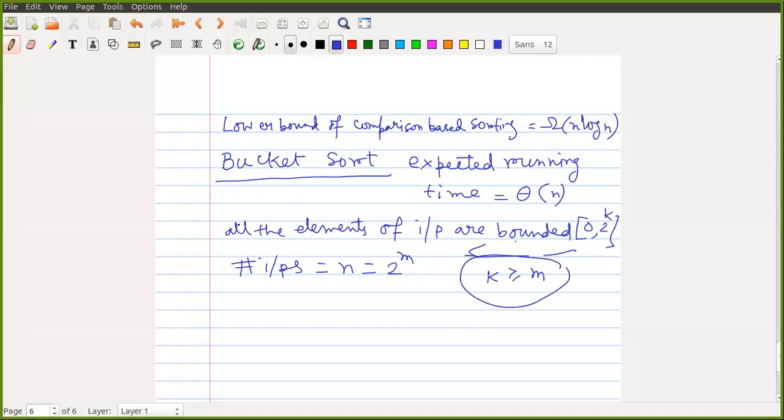These are our assumptions. Note that in the analysis we have covered till now in quicksort, the algorithm itself was random. There was randomness in the algorithm, but here the randomness is over the input, right? The algorithm is completely deterministic.